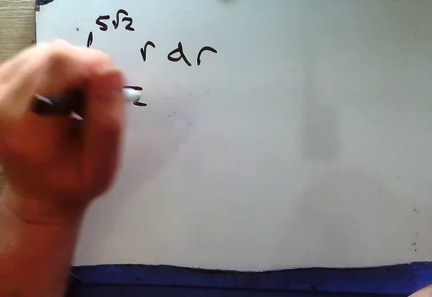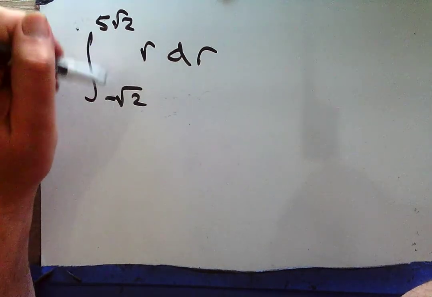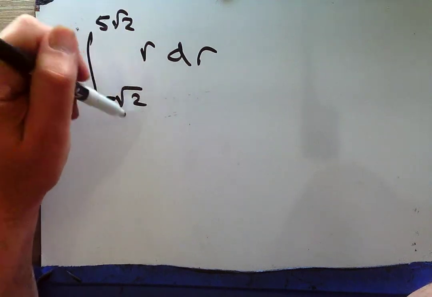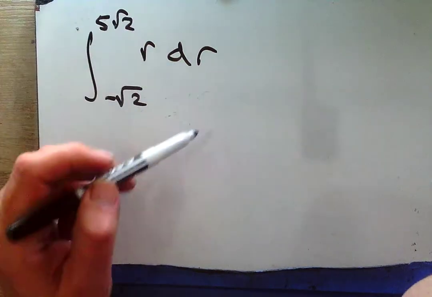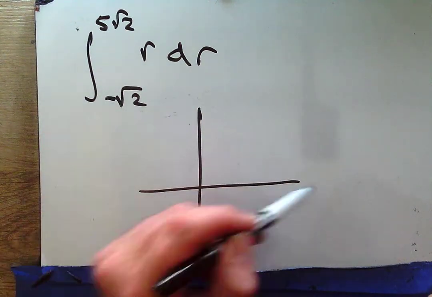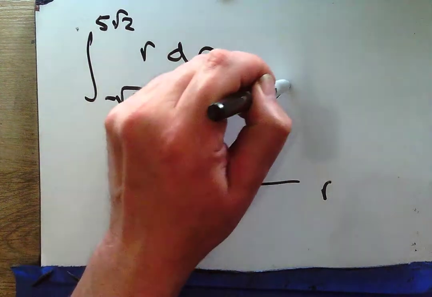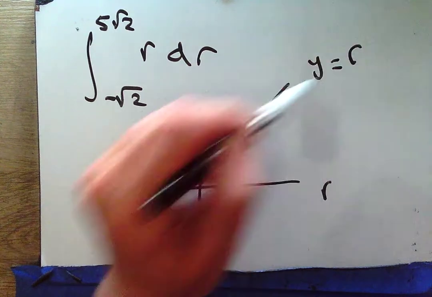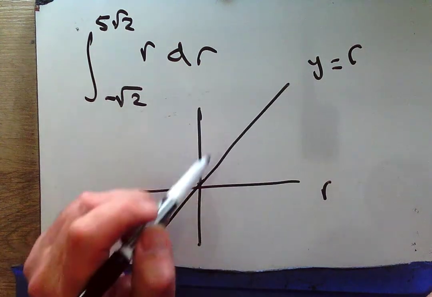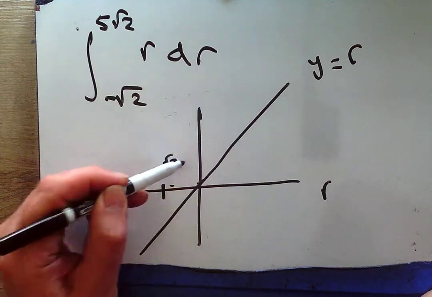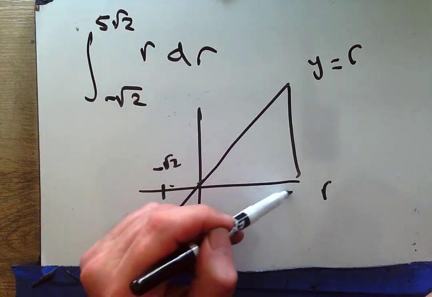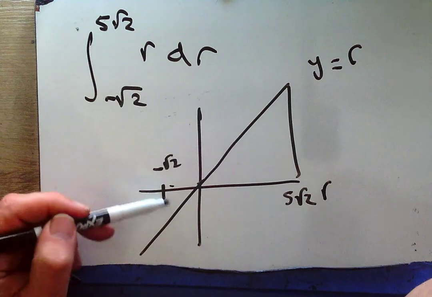Now, some people are sort of intimidated because of the negative, some because of the radical, some because I'm not using x's. Well, I trust you to know that that's the graph of y equals r. And we want to integrate from negative root 2 up to 5 root 2.